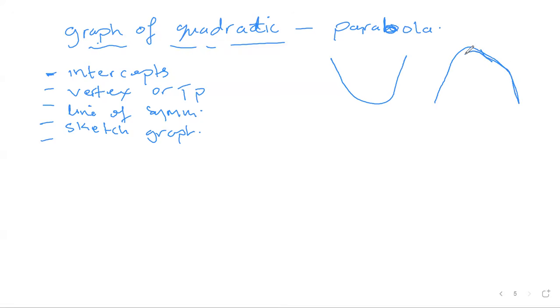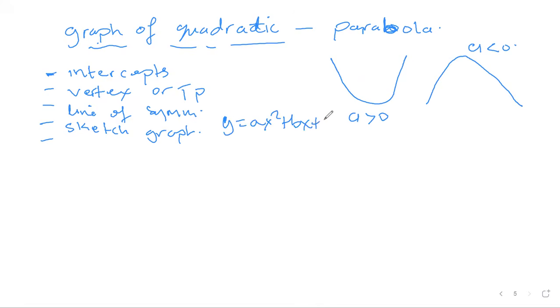Remember, recall that it looks like this or like this, a hill or a valley. This happens whenever a is greater than 0, and this is when a is less than 0. The a I'm talking about is the a in y equals ax squared plus bx plus c.